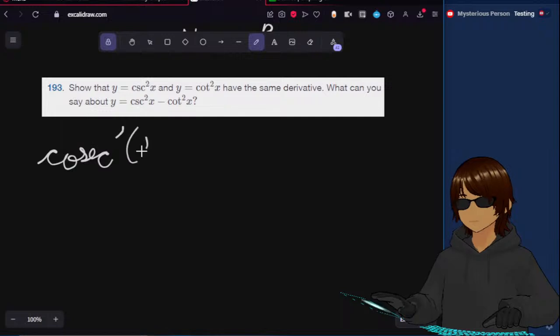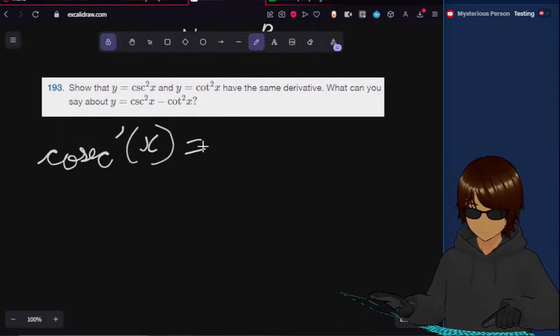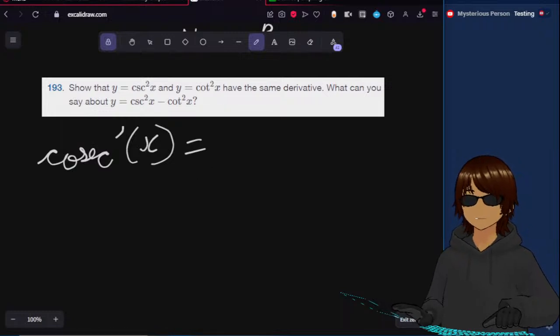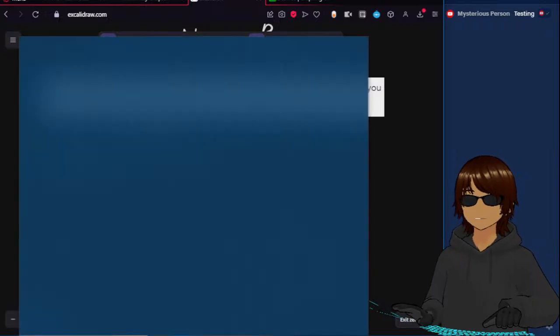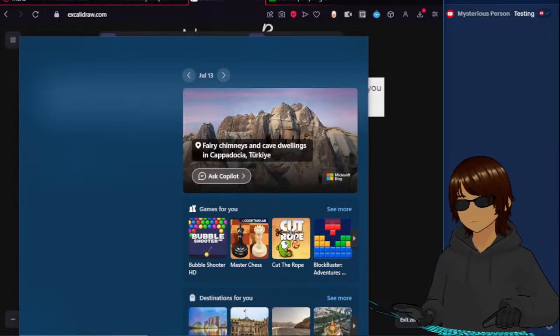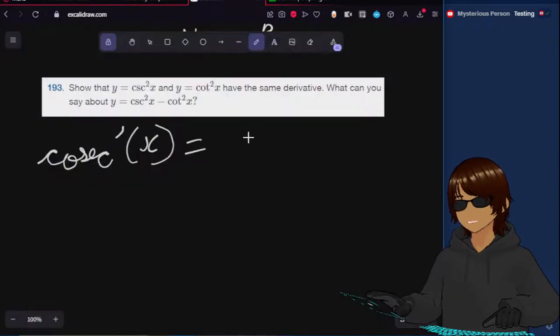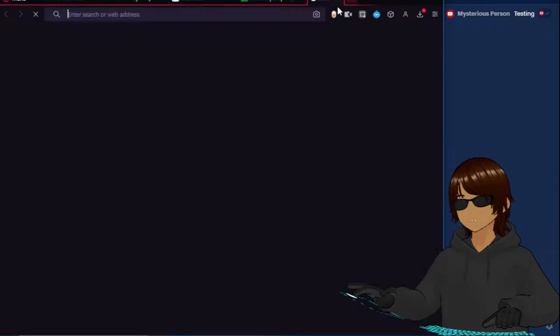The derivative of this is equal to the derivative of cosecant is equal to, I forgot. Hold on.